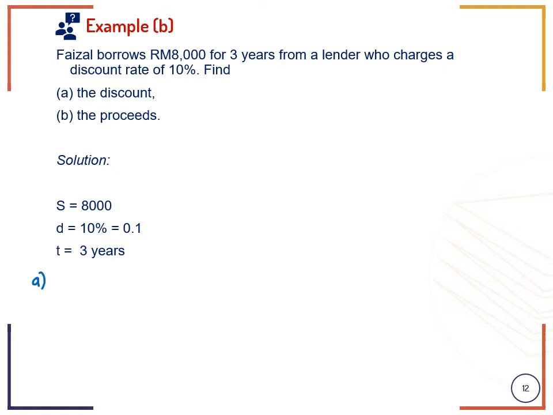So A, the discount, denoted as D and derived as Sdt, with S equal to 8,000, d equal to 0.1, and T equal to 3 years. Therefore, the discount is equal to 2,400.